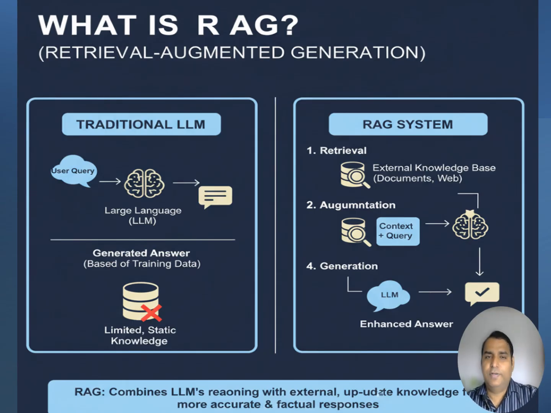RAG stands for Retrieval-Augmented Generation. It is a technique used in AI and natural language processing that combines retrieval-based methods with generative models to produce more accurate and contextually relevant responses.